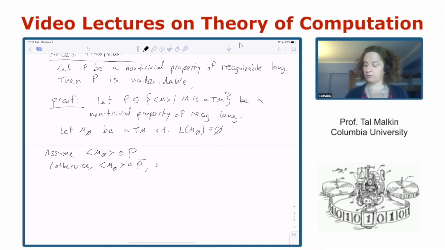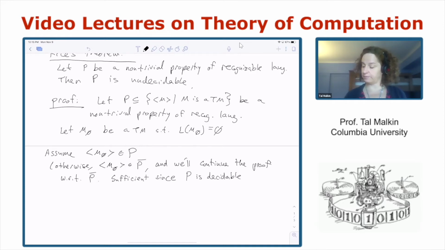And we'll continue the proof with respect to the complement of P. So I'm assuming that M empty set is in P without loss of generality, because otherwise we will just look at the complement of P. And this is sufficient since P is decidable if and only if the complement of P is decidable.